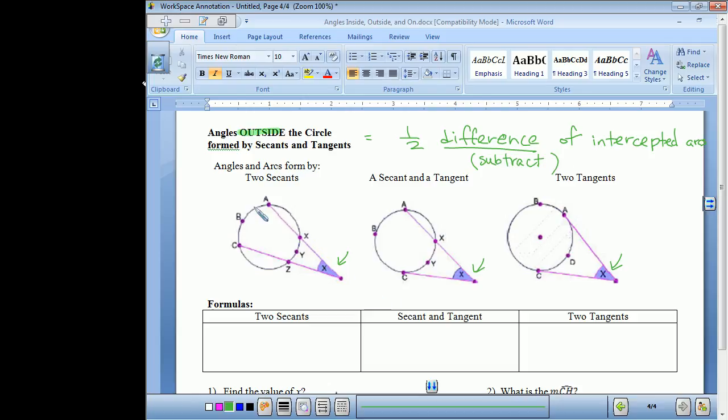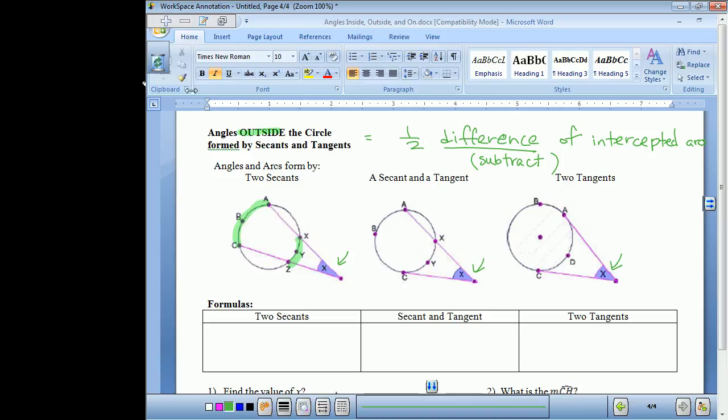Okay, so in this case, if this is our picture, this is formed by two secants, so the secants are going to pass through at 2 points. See, 1, 2, 1, 2. These are two secants. So if we do half the difference in the intercepted arcs, first we have to figure out what's intercepted. Do you guys see that this is the bigger one, and this is the smaller one?